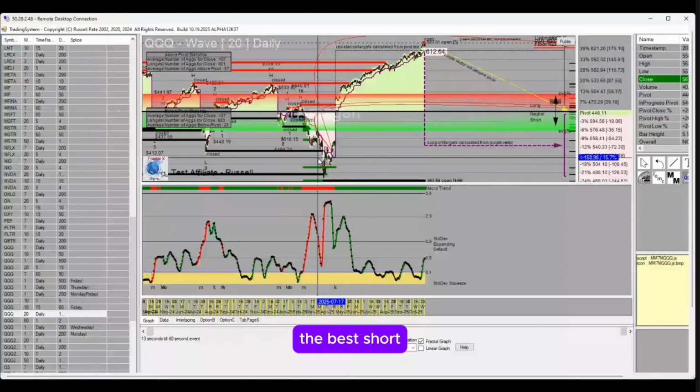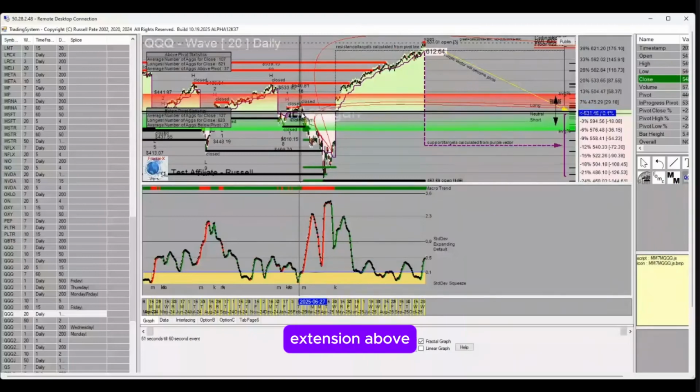It seems like the best short sides are when we have a small extension above the pivot line, and you can go on the wave 20 daily and look for yourself back to make sure I'm not making stuff up. But typically there's a small extension above pivot, and then that's where you can have a bigger pullback. It's a setup for a larger pullback.